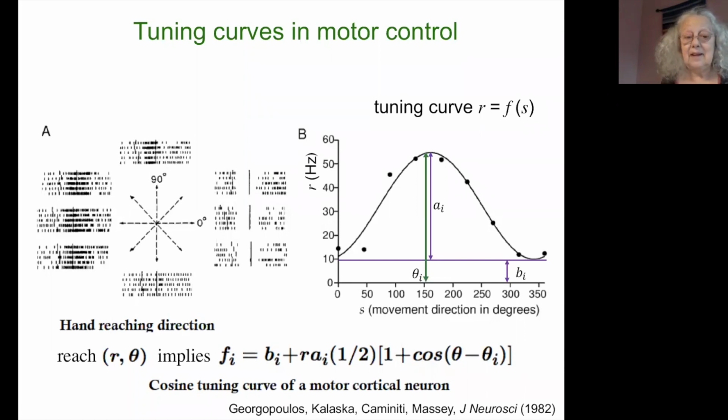And then there is a baseline B_i, which is the firing rate of this neuron in the opposite to the preferred direction. So there are 3 parameters here: baseline, amplitude of modulation, preferred direction. And according to this model of cosine tuning, these 3 parameters completely specify the firing rate of the neuron.